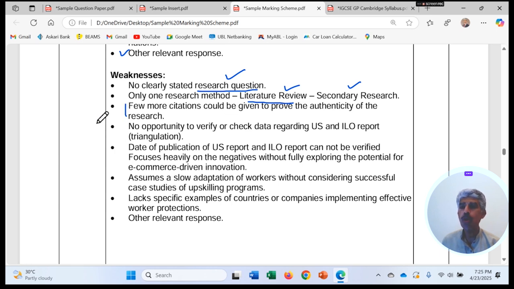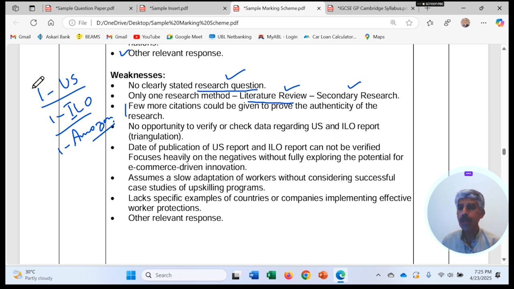So it means that he has given only one citation from United States data and one citation from ILO, International Labour Organization, and one citation of Amazon, I mean some companies.